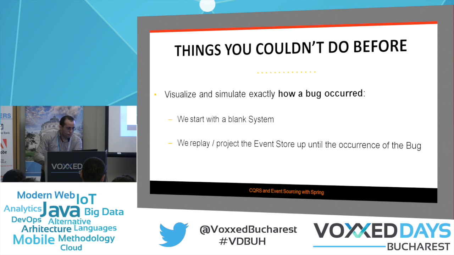Now, moving past and reaching the end of the presentation here, I wanted to go through a few more advanced scenarios, like, for example, visualizing exactly how a bug occurred. This is something that replaying the event stream gives you the option to do. If you have a tricky bug, something that you have to go in depth and understand, okay, how did it happen?